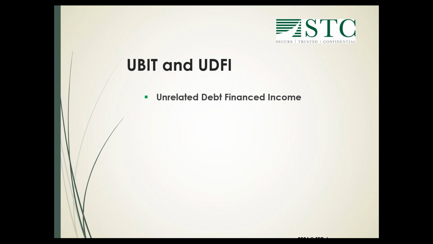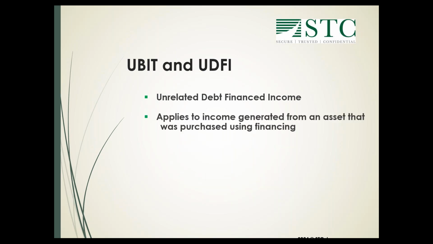Let's say you got a rental property in your retirement account by getting a non-recourse loan. You are now earning rental income into your retirement account that is partially financed by debt, by a loan. In this case, UDFI could come into play. It applies to income generated from an asset that was purchased using financing.